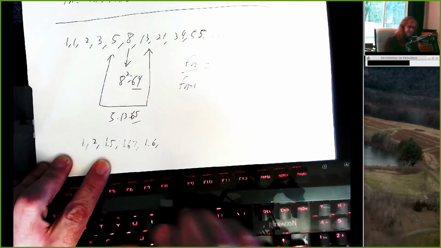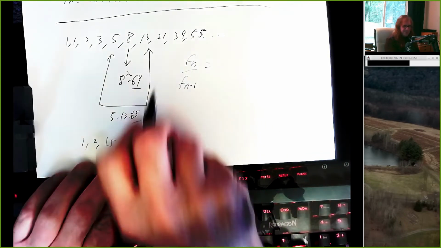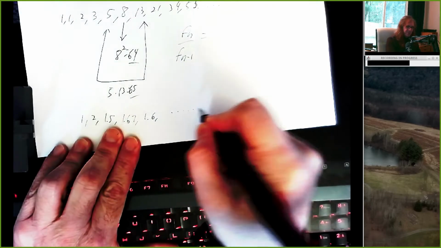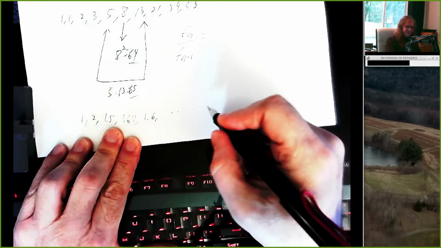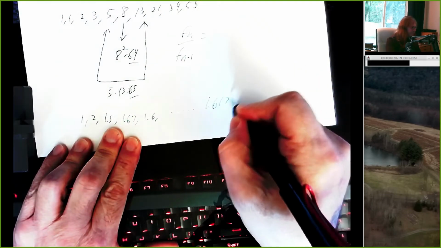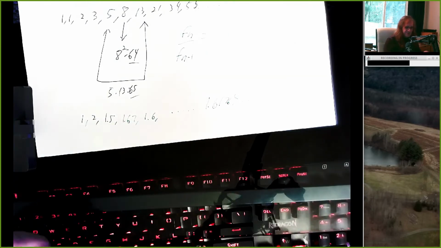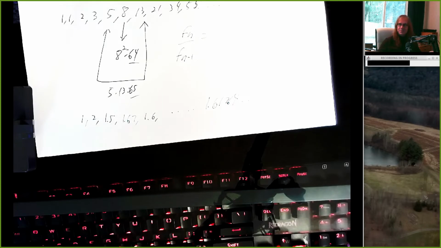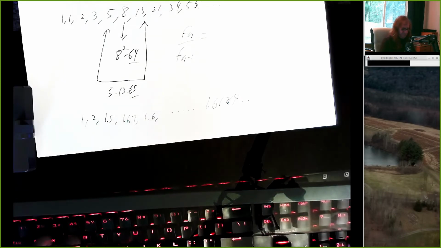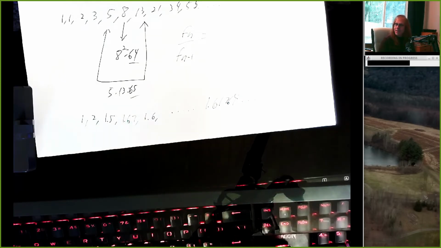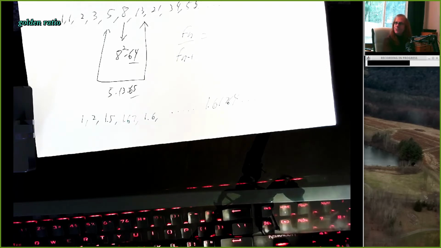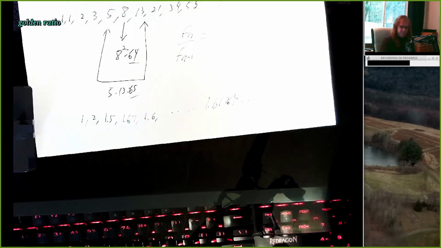I think I did something wrong somewhere. If you keep working this ratio, you get closer and closer to a number. 55 over 34 is 1.61764. And this gets closer and closer to something called the golden ratio. And if you want to go down a fun rabbit hole, Google that.